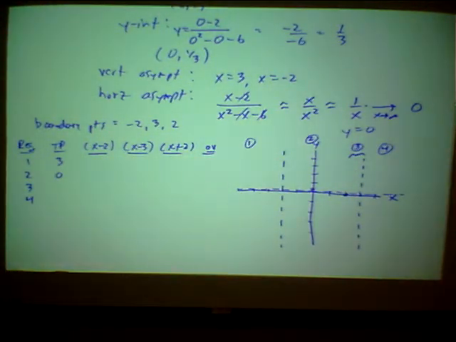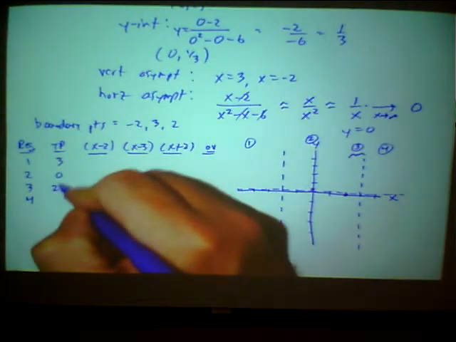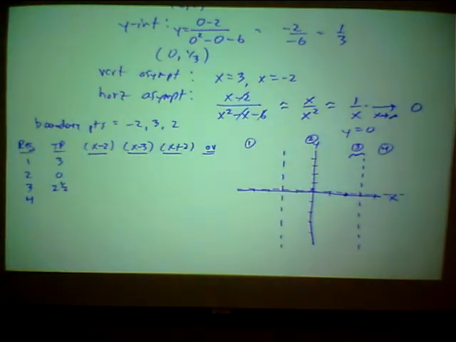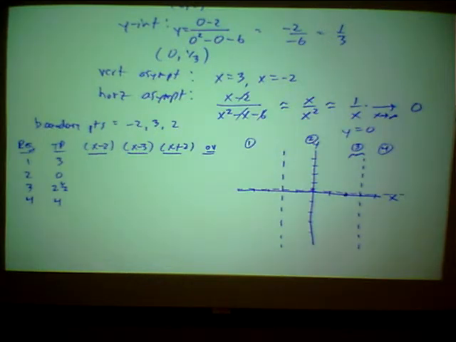Region 3 has to be between 2 and 3, so let's just say 2.5, or you can think of that as 5 halves. And region 4, we'll just choose 4.